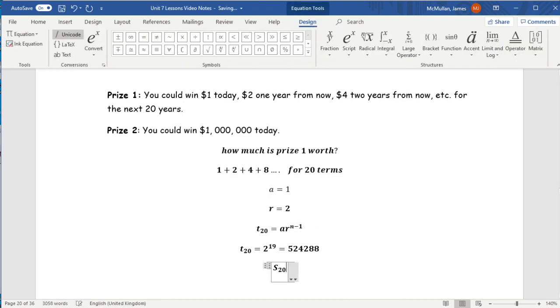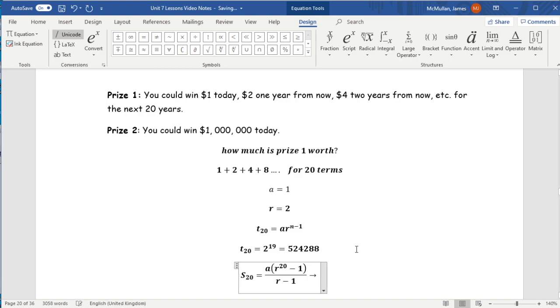In any case, the sum of the first 20 terms would be 20 over 2 times the first term plus the last term. Sorry, this is not arithmetic. Sorry, this is geometric. I'm mixing that up. Okay, so it was a times (r to the power of 20 minus 1) divided by r minus 1.